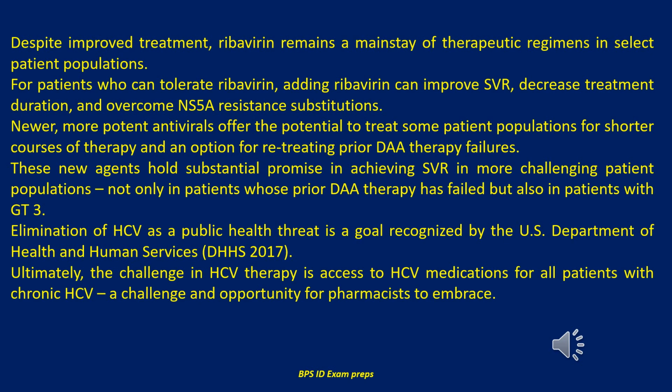Elimination of HCV as a public health threat is a goal recognized by the U.S. Department of Health and Human Services, according to DHHS 2017. Ultimately, the challenge in HCV therapy is access to HCV medications for all patients with chronic HCV, a challenge and opportunity for pharmacists to embrace.